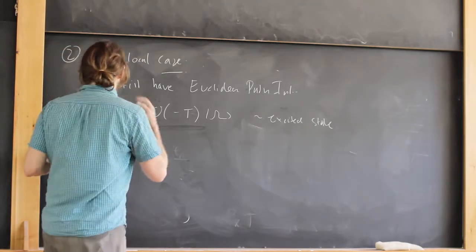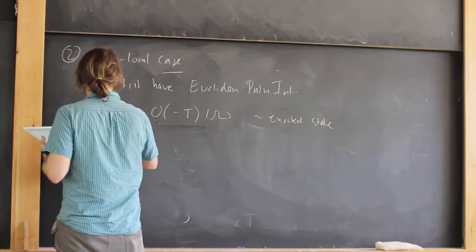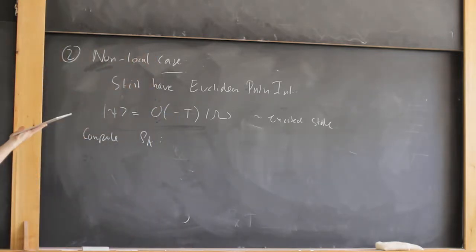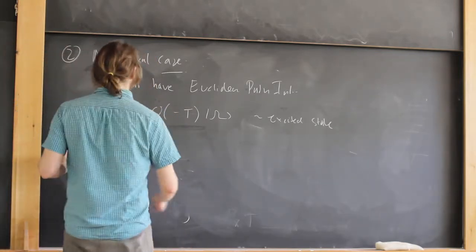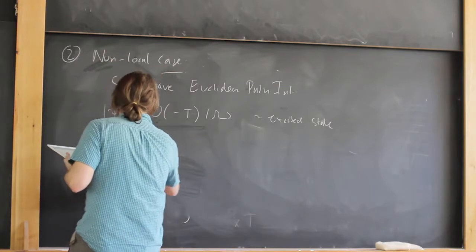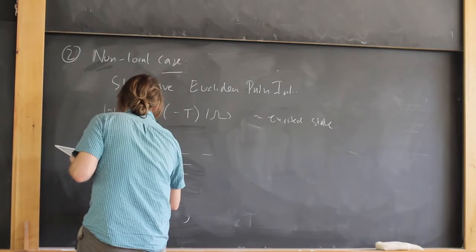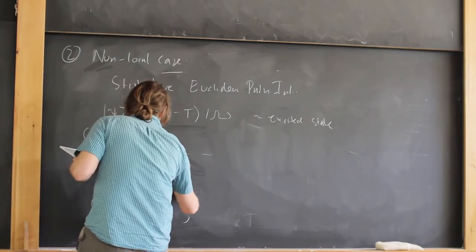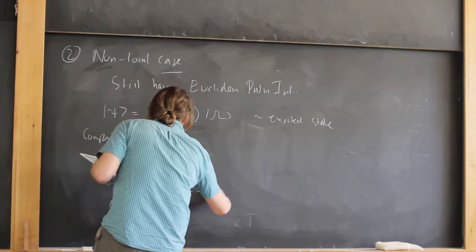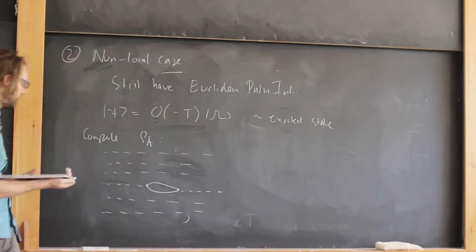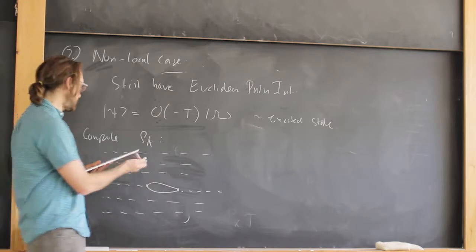And so, let's compute the density matrix for some subregion associated to this state. Well, how do we do that? Well, we write down a path integral, and the path integral has the following picture. There's the same cut that we had before. So this is the cut where we impose two different boundary conditions on the top and the bottom.